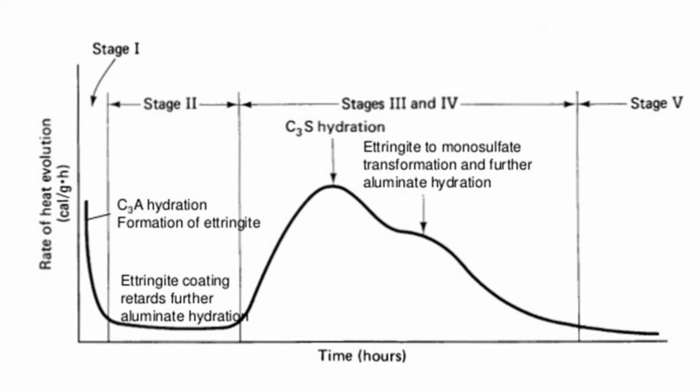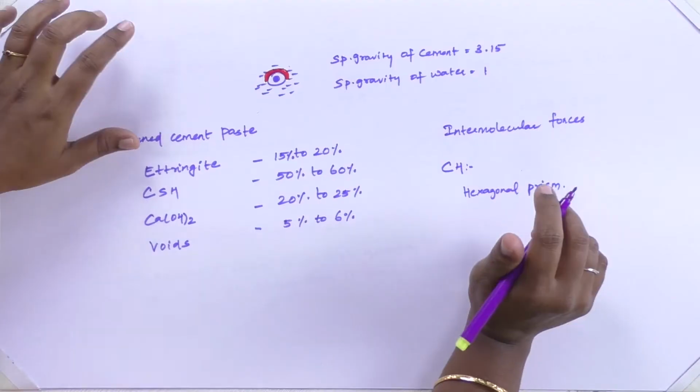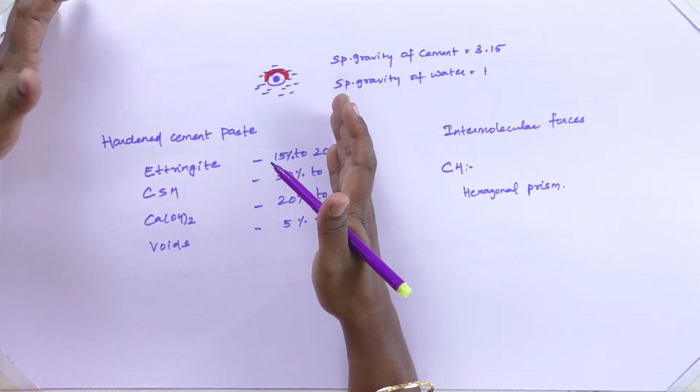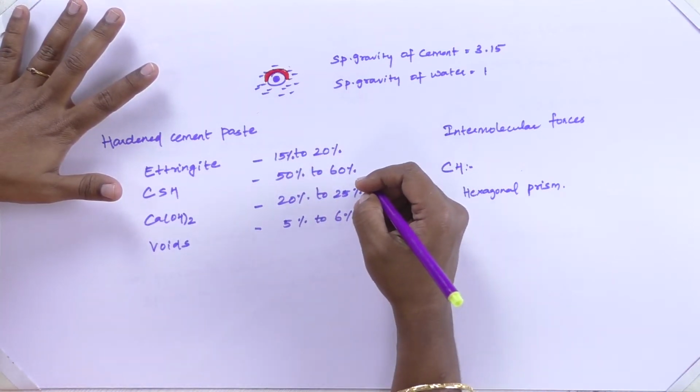And after the formation of ettringite, the C3S and C2S get reacted in stage 4, and after the finishing of C3S and C2S hydration, the C3A gets reacted and the total hydration reaction takes place. This is how the hydration and heat evolution graph is formed.